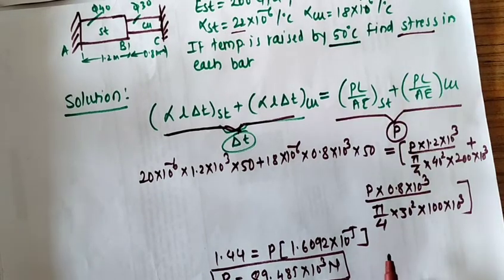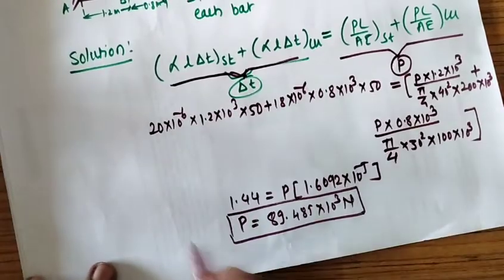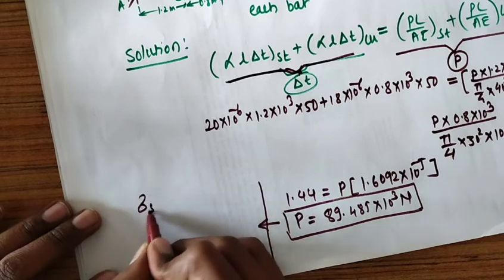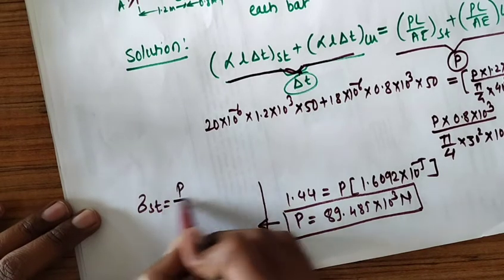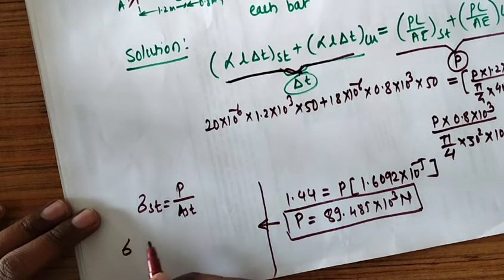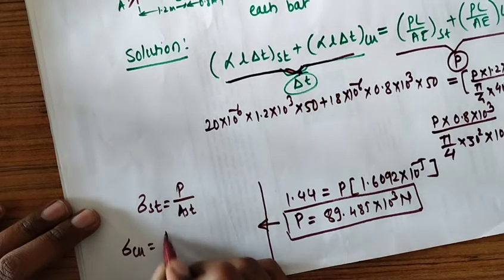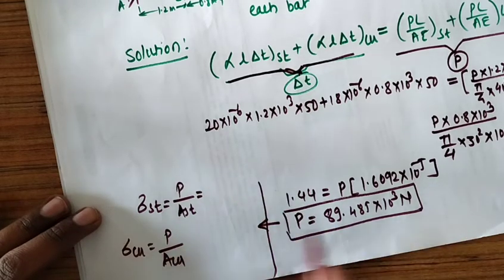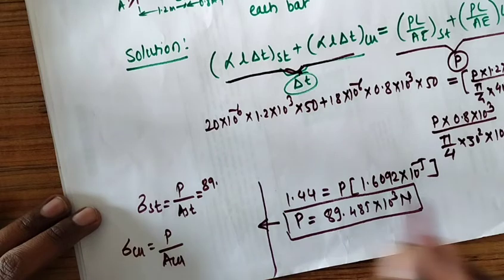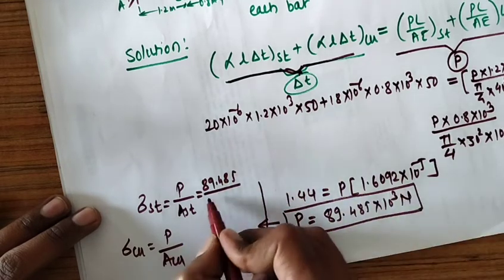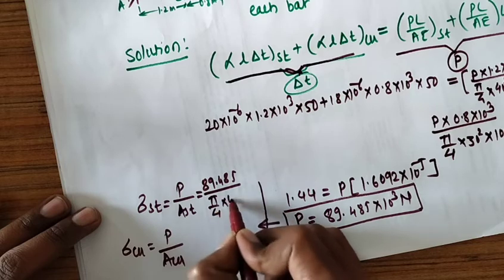Now to find stress, we know that, let's say I am writing here, as we know P, then stress in steel is equal to P upon area of steel, and stress in copper is equal to P upon area of copper. So it is very simple. P is 89.485 upon area pi by 4 into d square, that is 40 square.